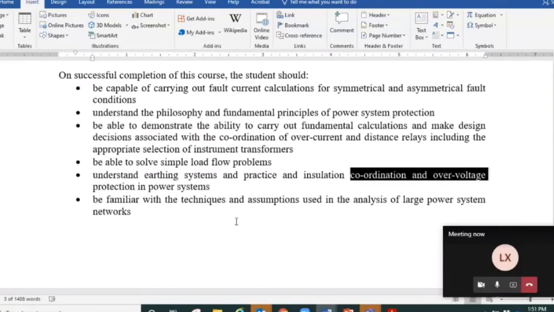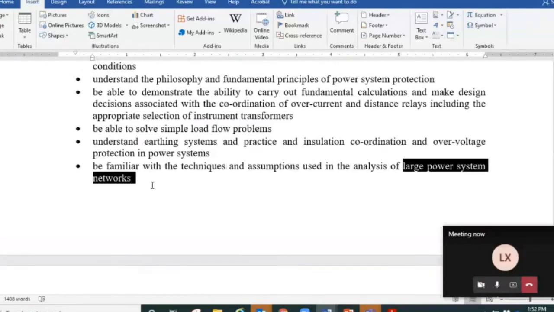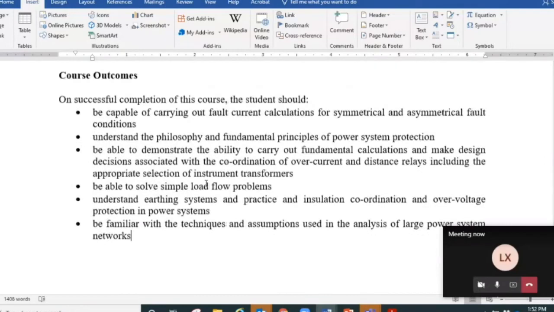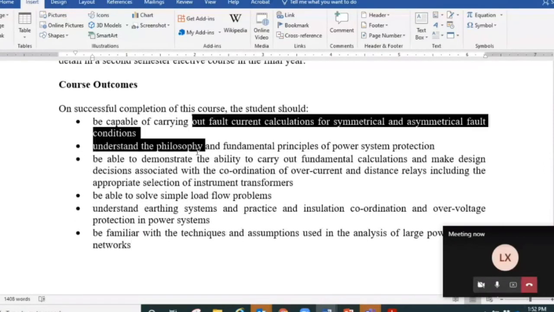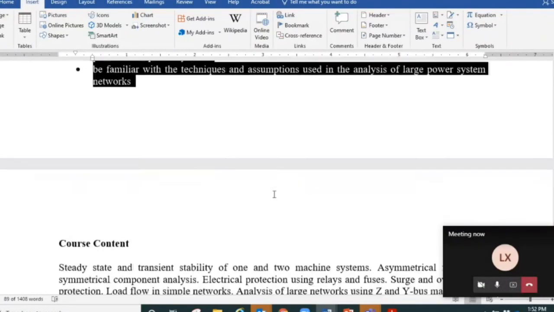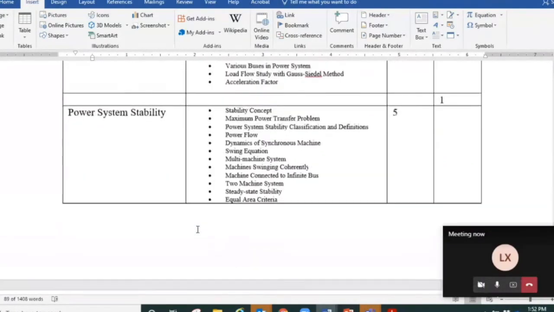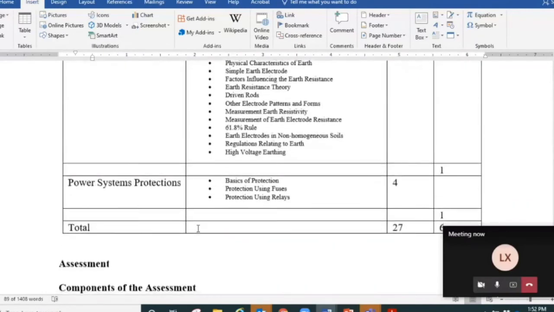All these things are taken from the content that you saw on the table. So large power system network analysis for load flow studies will be another outcome. The questions in tests and assignments will be based on these 6 bullet points, which are based on these 6 different chapters that you see here. So that will be covered.